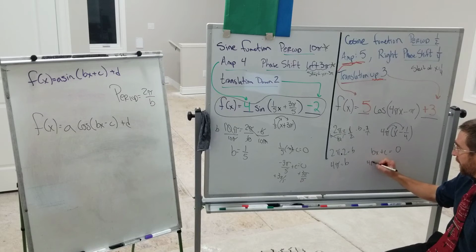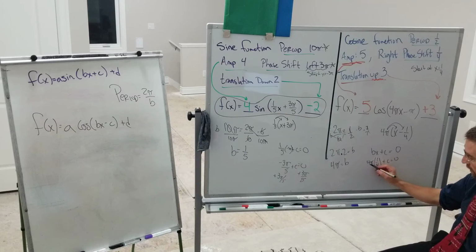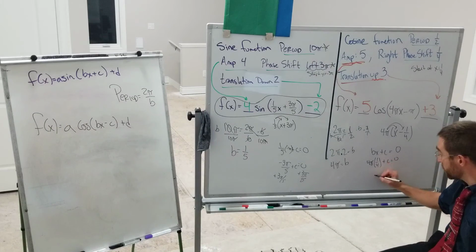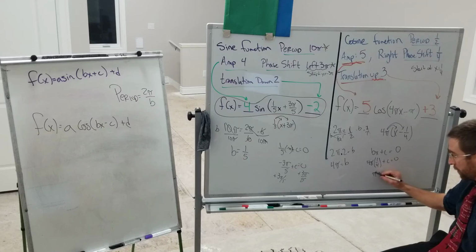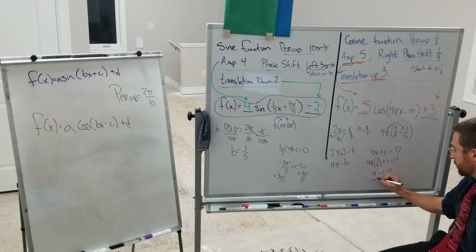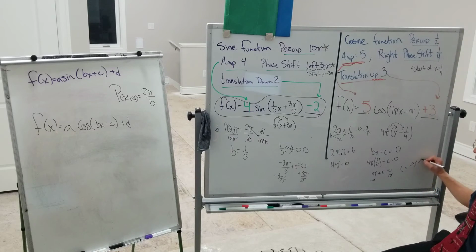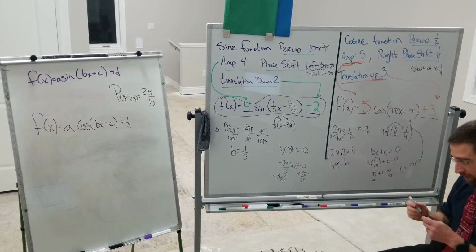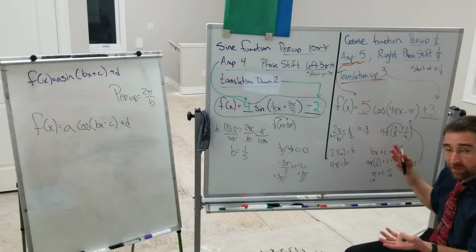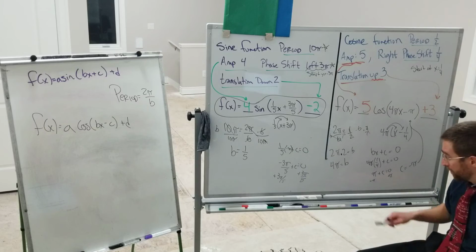B is 4 pi. X is 1/4. Plus c equals 0. 4 times 1/4 is 1, so this gives me pi plus c equals 0. Subtract pi on each side, and you get c equals negative pi. Same thing either way. Either of these methods work. They're doing the same thing. So whatever one works best with your brain, use that one.